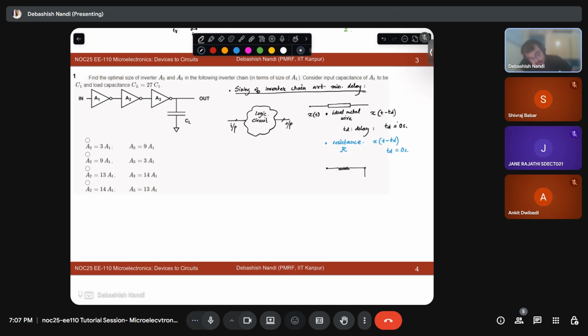So basically, let's say this is your R, this is your C, and you have some V in, or let's say x of t here, and x of t minus td here, or let us just say y of t. So the point is, can you tell me why do capacitors introduce delay?